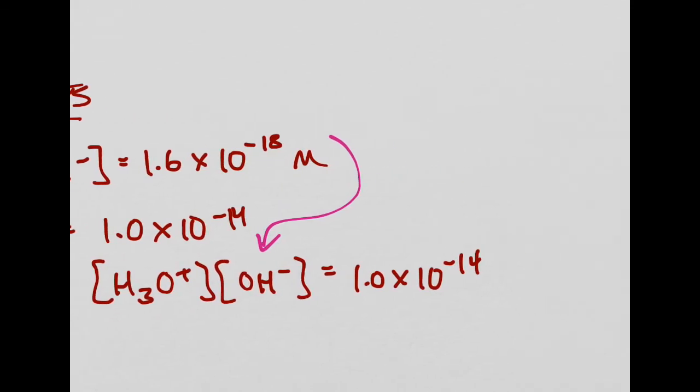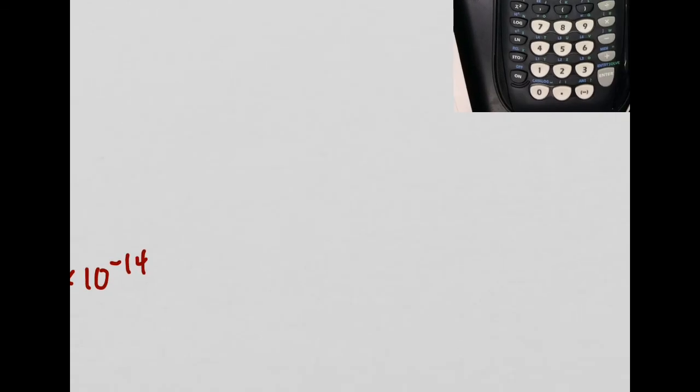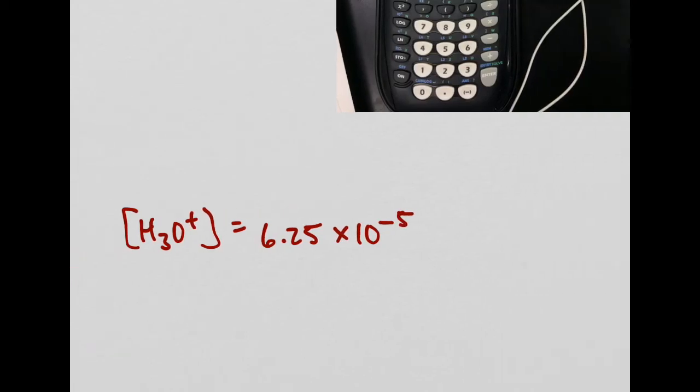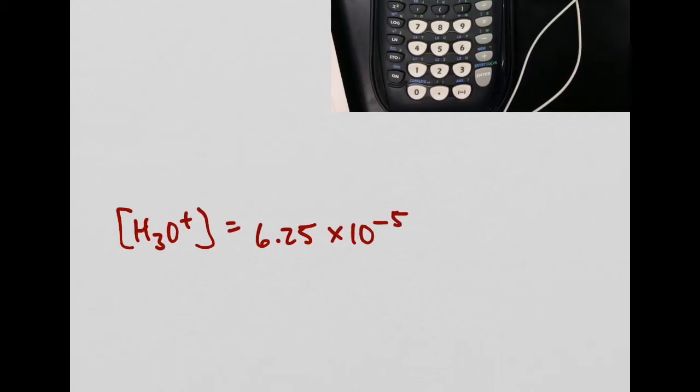All right, so when you do that very complex math, you're going to find that it leads to you having a concentration of the hydronium ions that is 6.25 times 10 to the -5, and that's again using the KW expression that we have there.